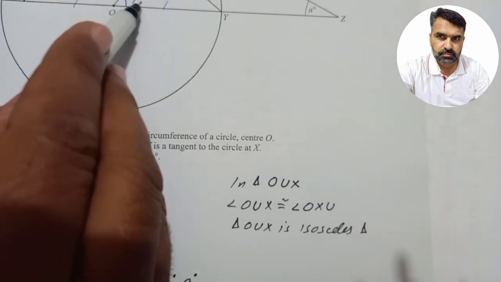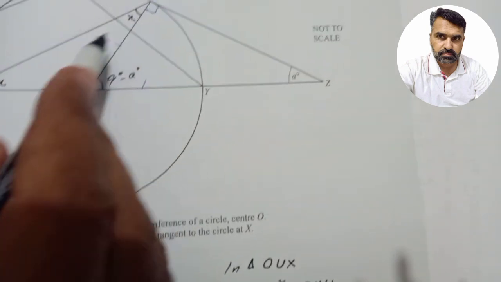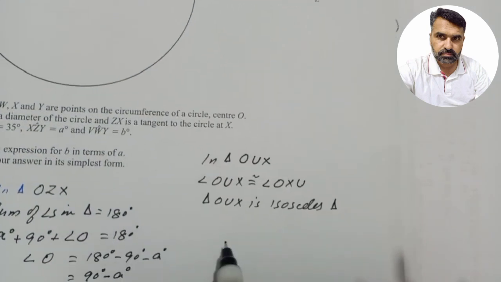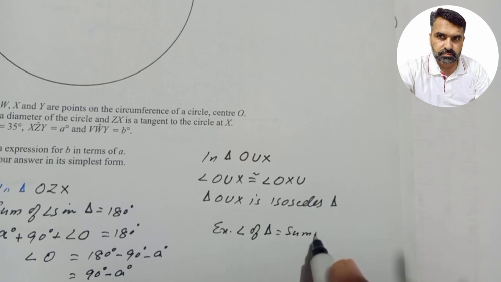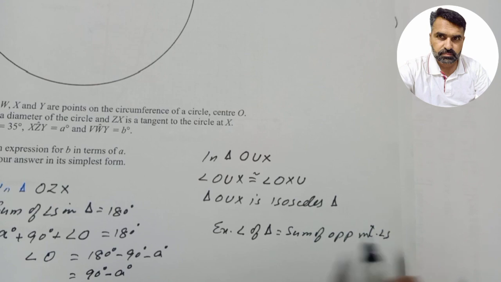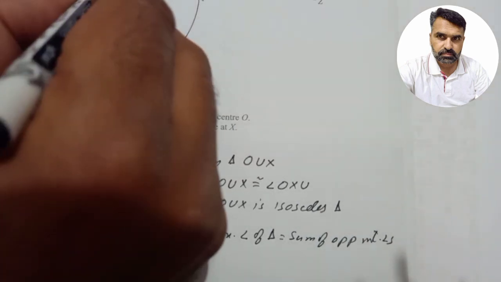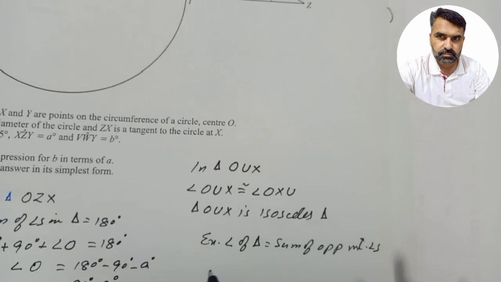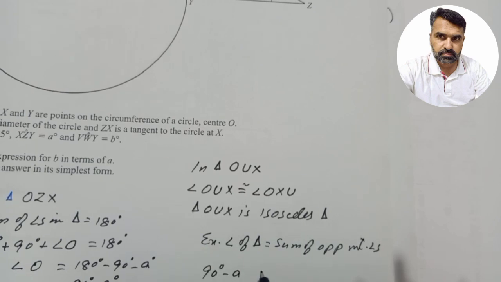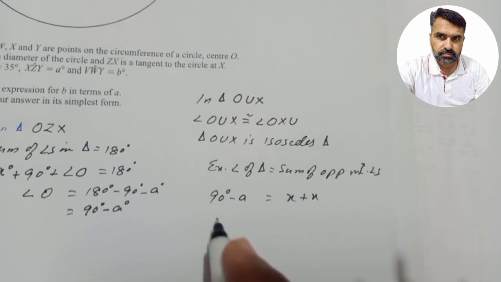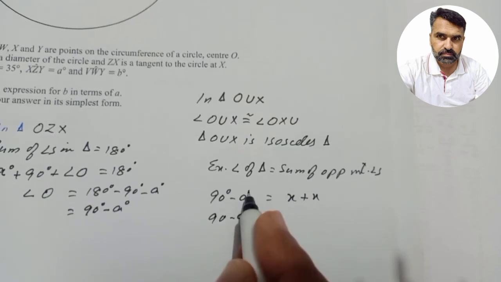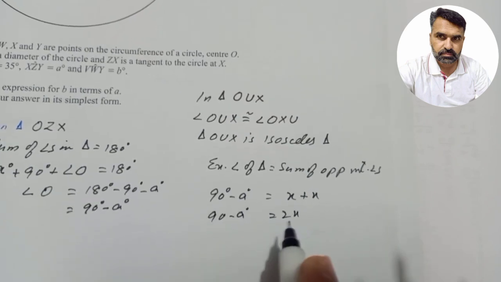And you know that the exterior angle is equal to the sum of the opposite interior angles. Here I will write, exterior angle of a triangle is equal to the sum of the opposite interior angles. So students, exterior angle is 90 degrees minus A. 90 degrees minus A is equal to the opposite interior angles, X plus X, so 90 degrees minus A degrees is equal to 2X, and 2 is multiplying.